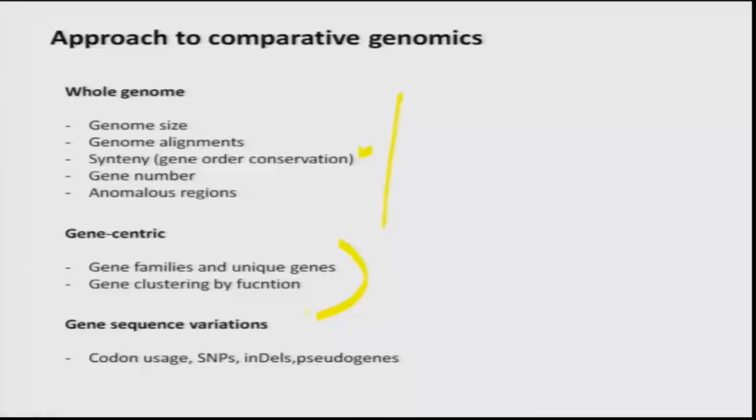And finally, we also look into what is called gene sequence variations. This is an important area which directly affects humans, because for example, the SNPs are single nucleotide polymorphisms, or insertion deletion polymorphism, or pseudogenes, the sequences that have gene structure, but they are not functional.